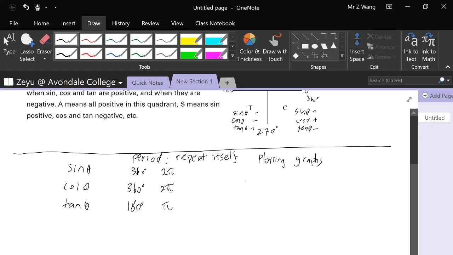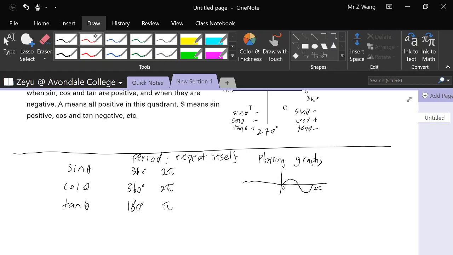So the sine graph, just giving you an idea, looks like this. This is 0, this is 2 pi. You see it repeats itself every 2 pi, because after 2 pi, that's itself again.